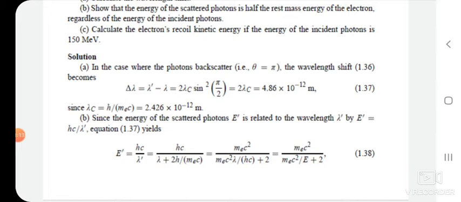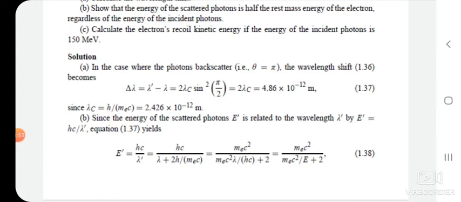As we know, the scattered photon energy E prime is equal to hc by lambda prime, which is nothing but hc by lambda plus 2h by mec, because lambda prime is lambda plus Compton shift, that is delta lambda.